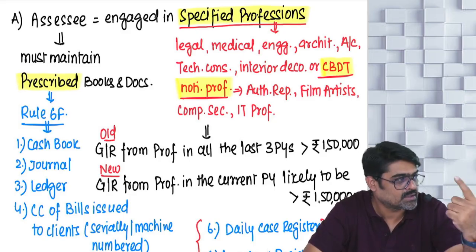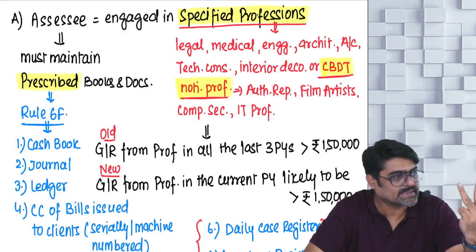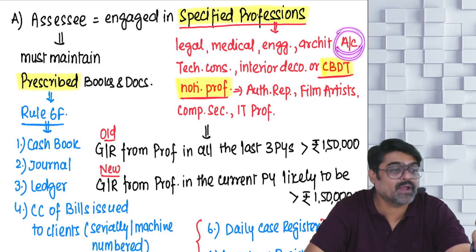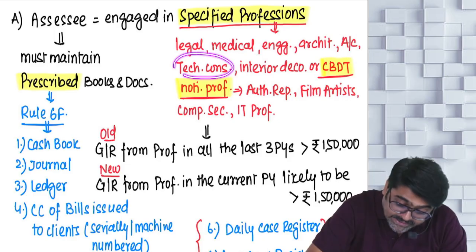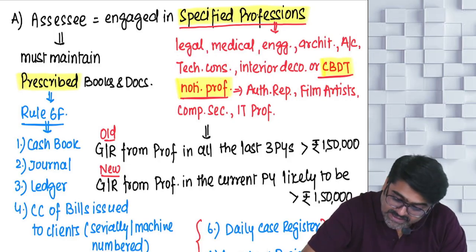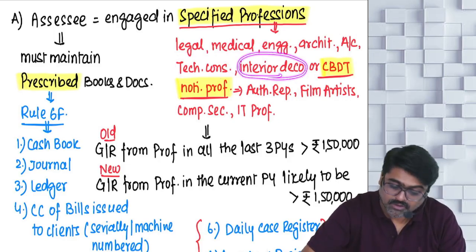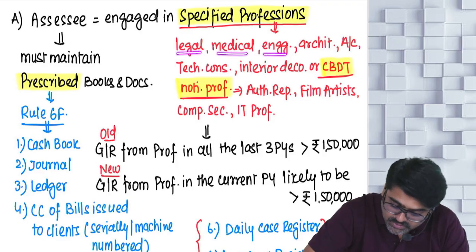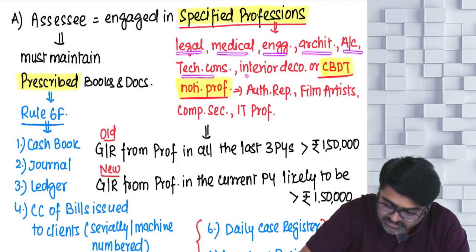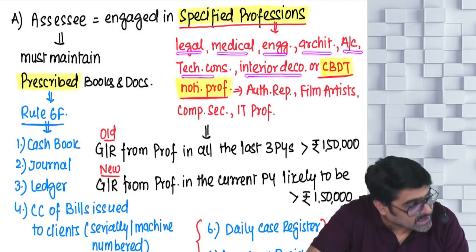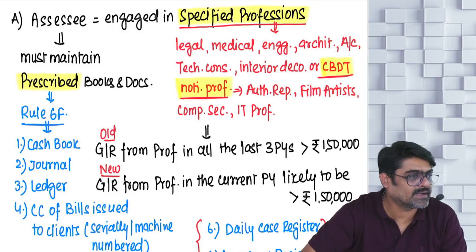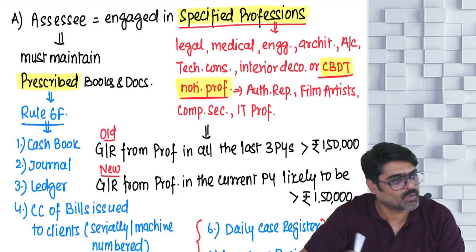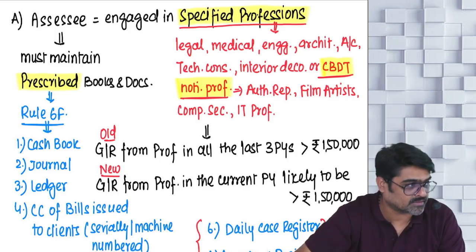So lawyer, doctor, engineer, architect. Then accounting profession, chartered accountants. Then technical consultants. Then interior decorators. So tell me, 1, 2, 3, 4, 5, 6 and 7. And other professions which will be notified by the CBDT. And CBDT from time to time notifies, and so far CBDT has notified 4 more professions.